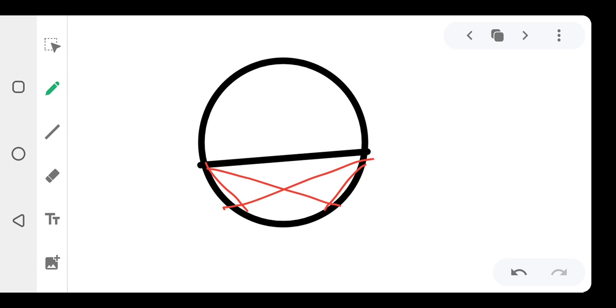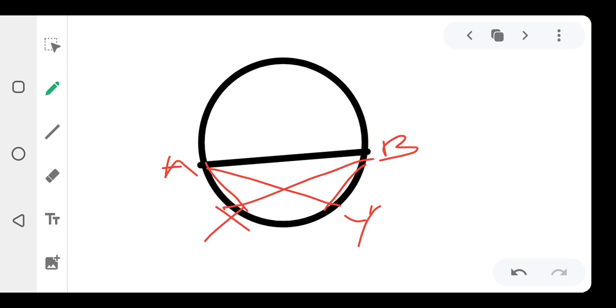Let's name these A and B, and let's name these X and Y. Please don't mind my diagram, it might not be as perfect as I think. These angles A, B, X, Y are angles that are formed in the minor segment.